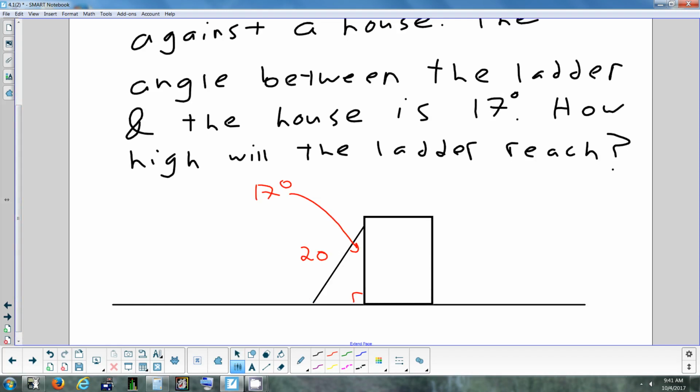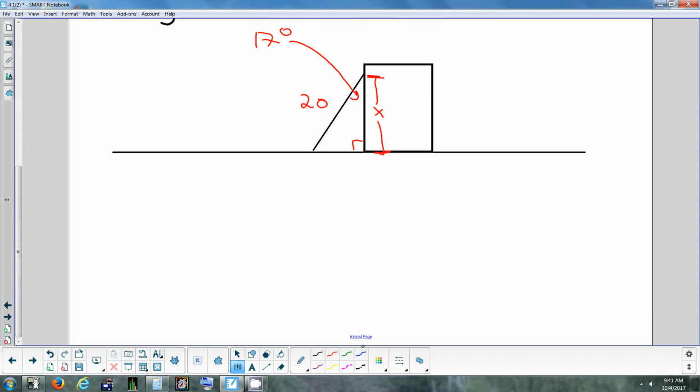How high will the ladder reach? Okay, so what we want to know is x, from here up to the top of the ladder. Okay. So to solve that, we're going to use the angle we were given, the side we were given, and the thing we want to know.